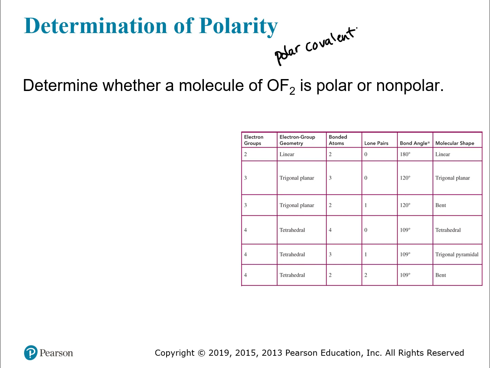Now we need to figure out that Lewis structure and the shape. We know that we've got a polar covalent bond, so we've got some dipoles happening. But now we need to know whether or not those dipoles cancel each other out, or if they don't. Oxygen is in group 6.